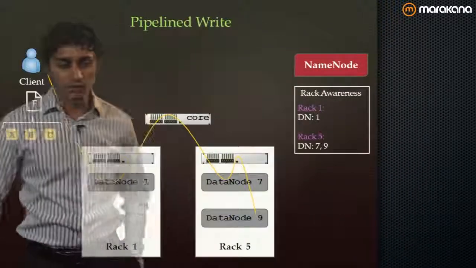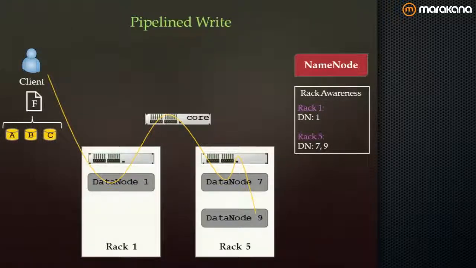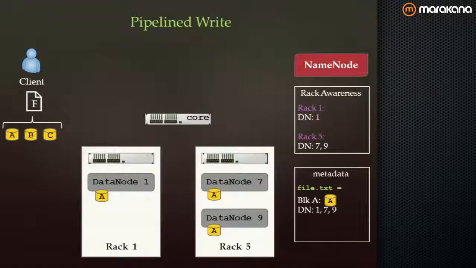So the client will send block A down to data node 1, which will then forward it to data node 7, which will then forward it down to data node 9. And then each one of the data nodes will let the name node know that they received the block successfully.